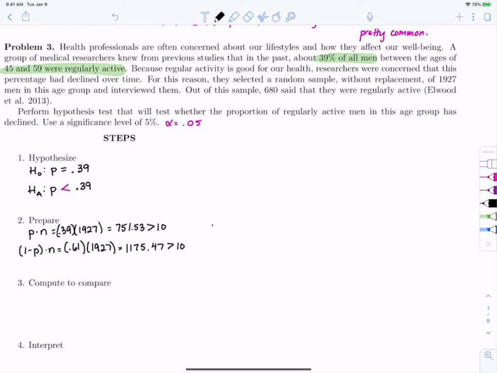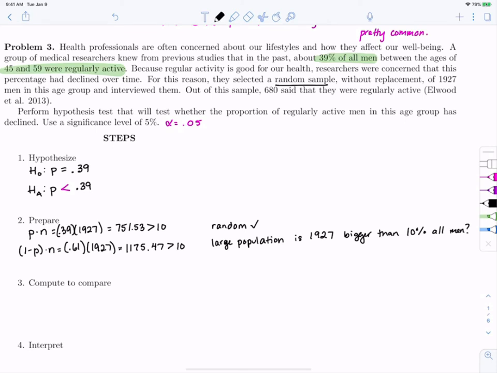So the other things I need are that this is a random sample, and it is, right? We're told that we're selecting a random sample. The other thing that we need is a large population, right? You can't sample too many people out of the population. So here I have to ask myself, is 1927 bigger than 10% of all men?